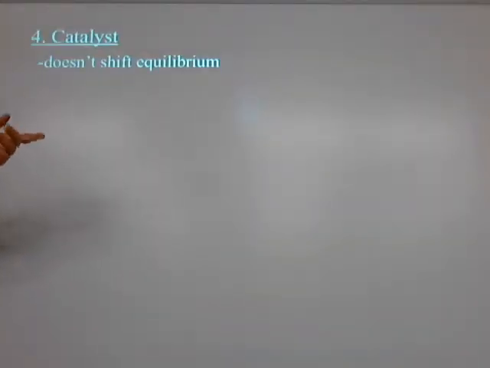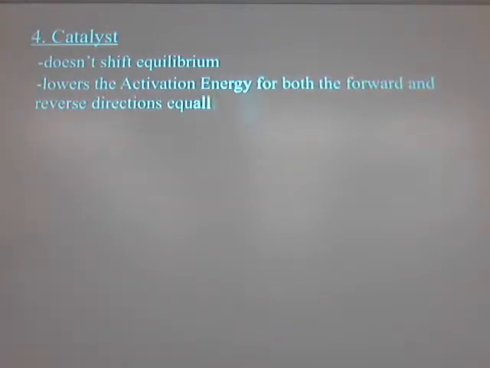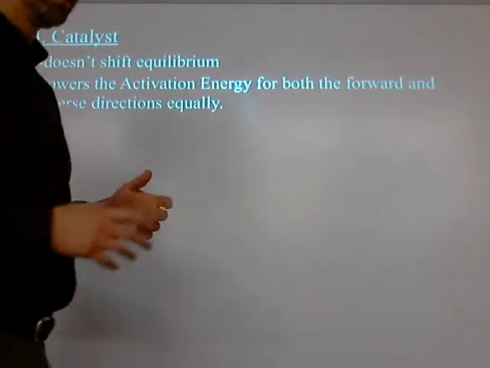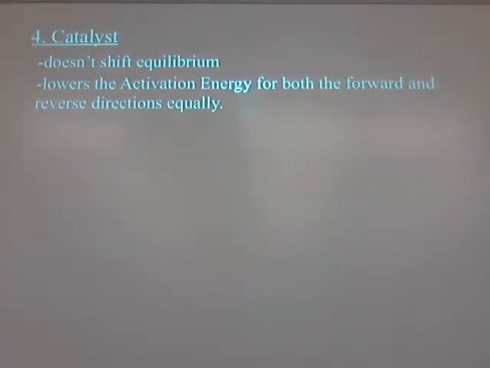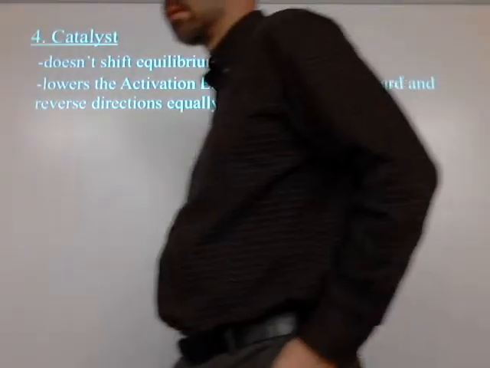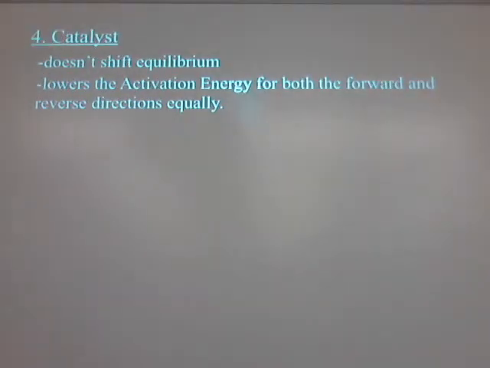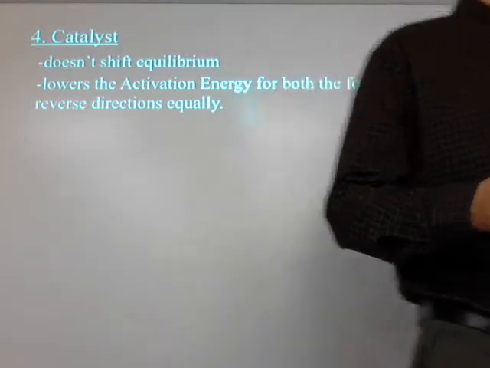In other words, it doesn't favor the forward or favor the reverse. But it does lower the activation energy for both ways equally, and therefore makes it reach equilibrium faster. It will get to equilibrium more quickly, because it lowers the activation energy both ways by the same amount.